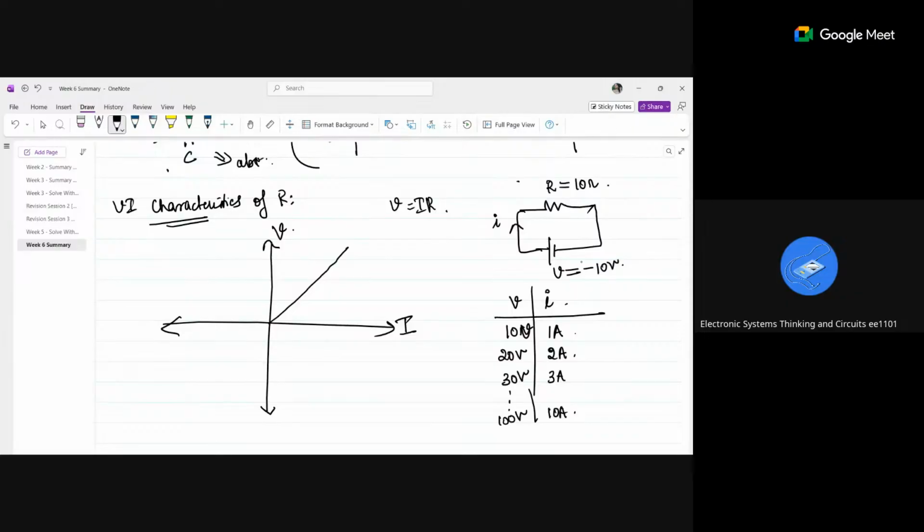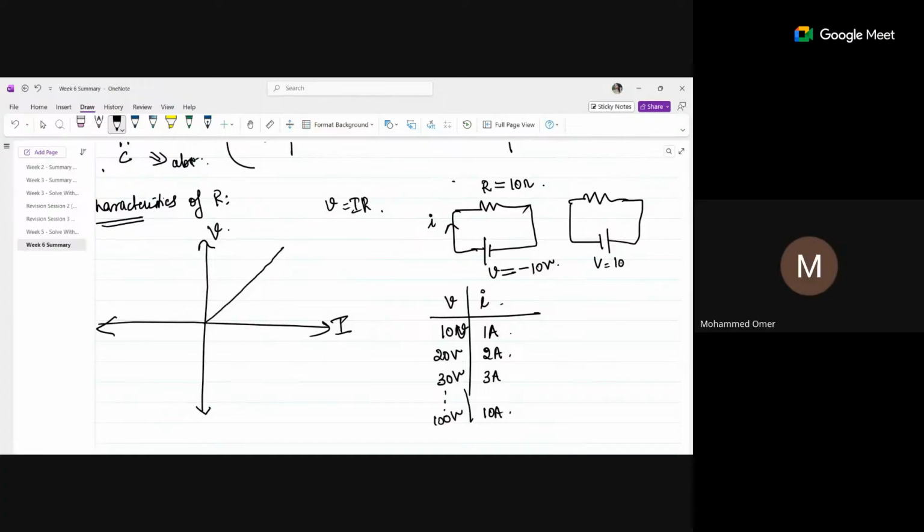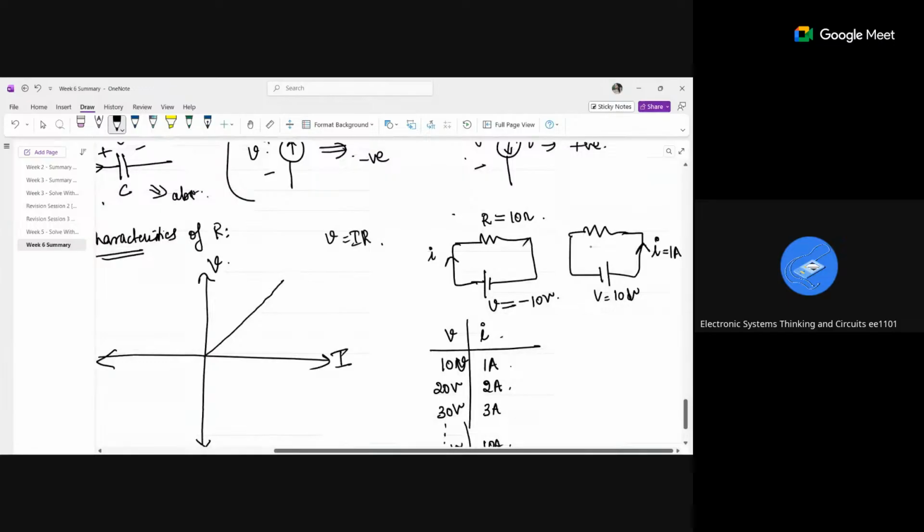What is the meaning of minus 10 volts? The direction of the current will be changed. It is 10 volts, but the current in this direction is 1 ampere. So what is the direction of current in this? What is I here? It's minus 1 ampere, right? Yes.